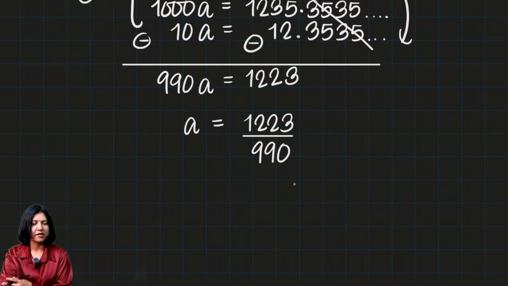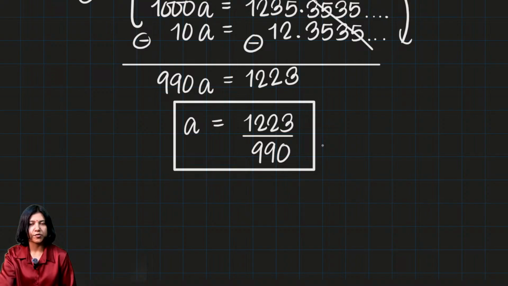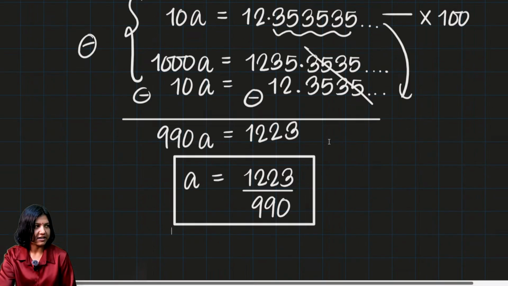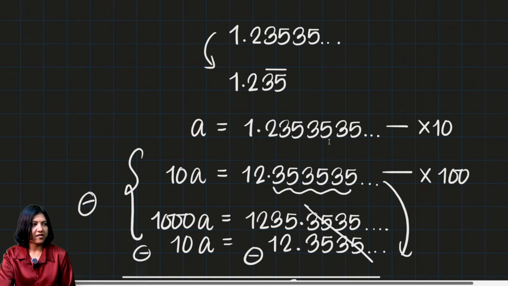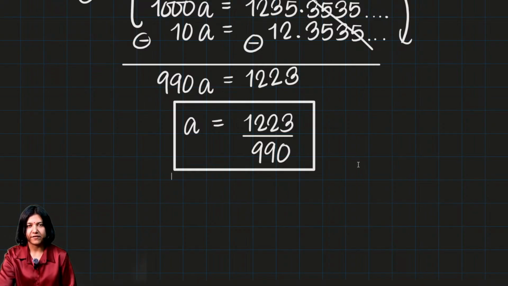They do not divide each other, or there is no common number that can reduce both of them. Hence, I will keep this fraction as it is, 1223 upon 990. So this is how I can approach questions based on any sort of decimal expansion given to me.